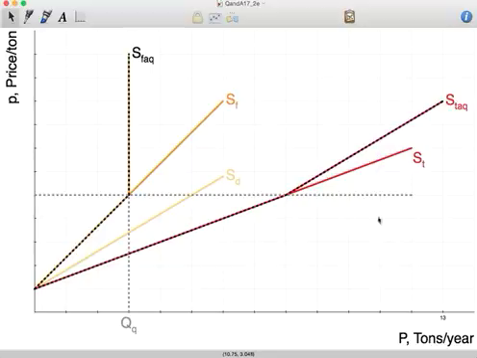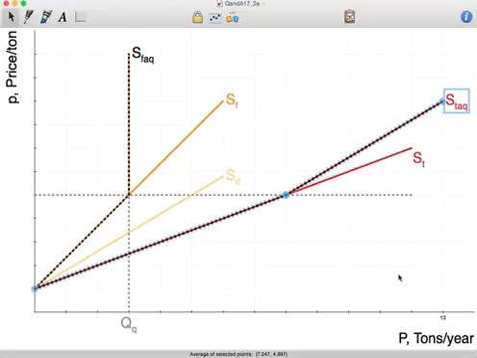I've denoted that as the supply curve total after the quota. So we have the supply curve here, and then we have a kink because of the imposition of the quota, so that red line with the black dotted hash marks through it is going to give us our supply total after the quota is put in place.